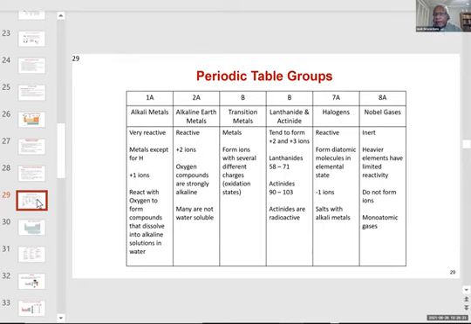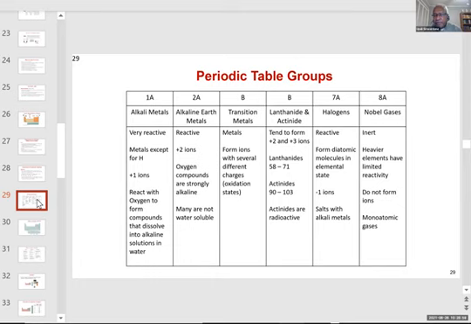Group 18 or group 8A is called noble gases. They are inert. They don't react easily with anything. Heavy elements have limited reactivity. Some of the heavy elements have some reactivity, but do not form ions.